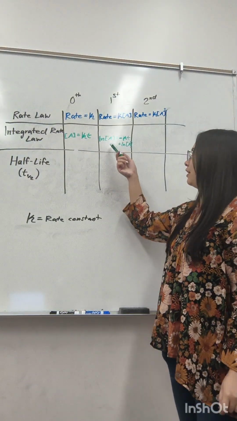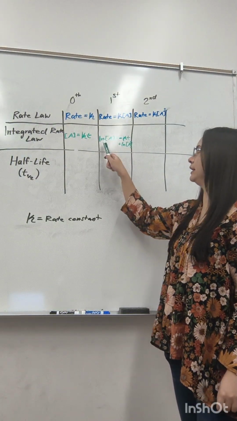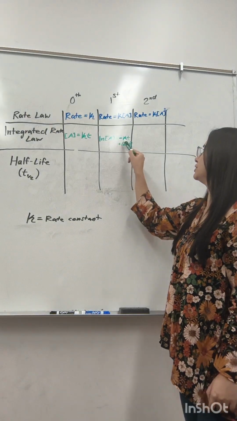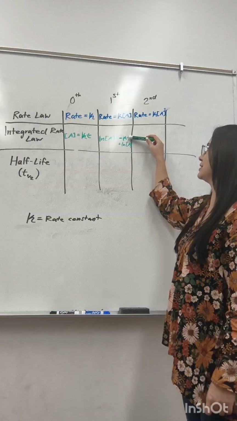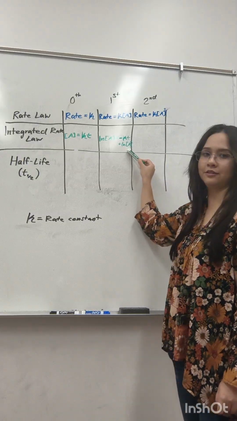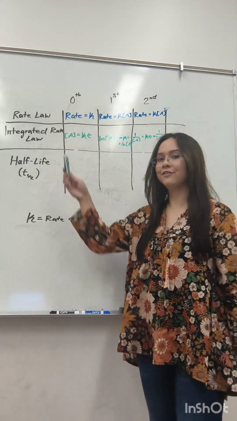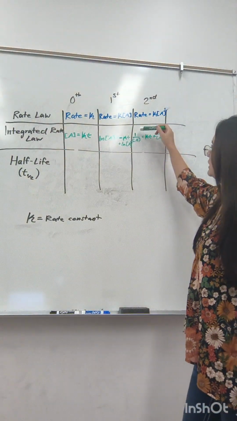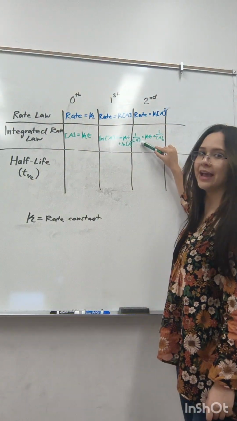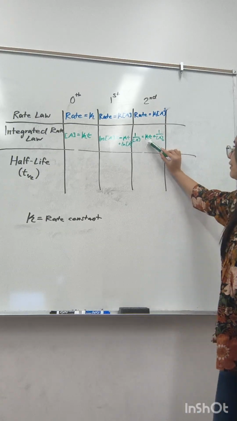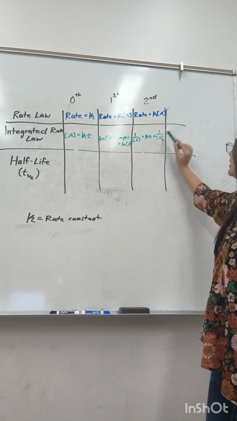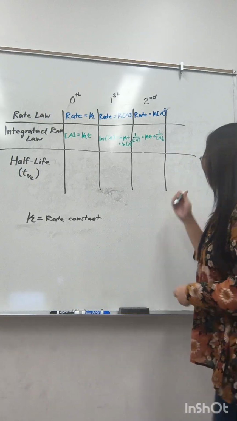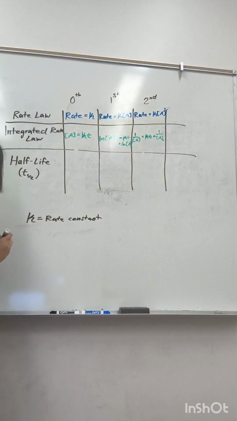For our integrated rate law for the 1st order reaction, we're going to take the natural logarithm of the concentration of A, equal it out to the negative rate constant times the time, plus natural logarithm of the initial concentration of A. Now for our integrated rate law of our 2nd order reaction, you're going to take 1 over the concentration of A, equal it out to the rate constant times the time, plus 1 over the initial concentration of A.